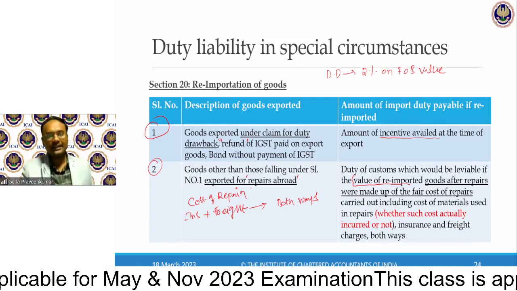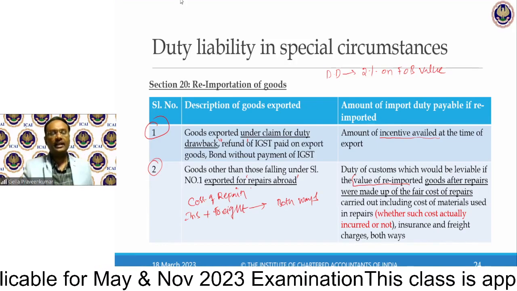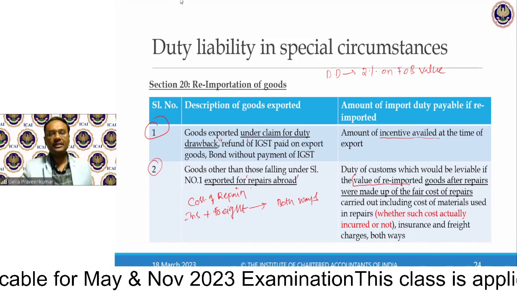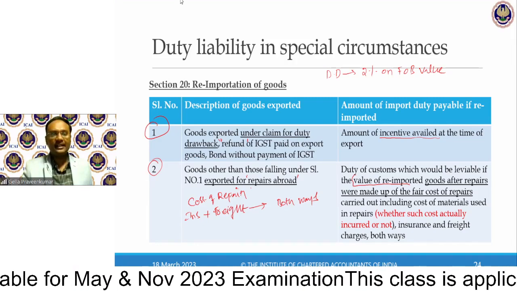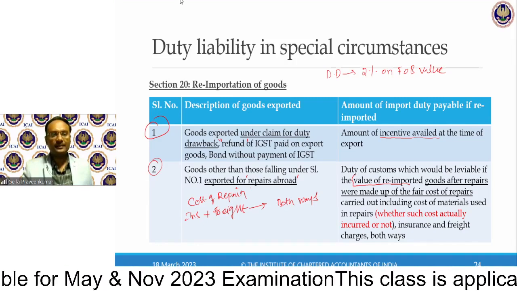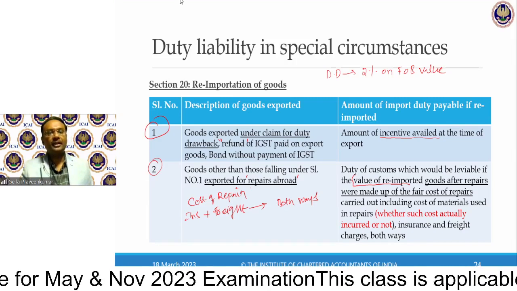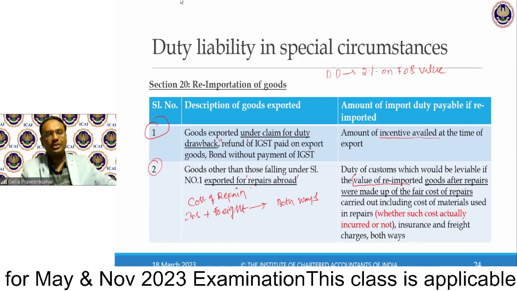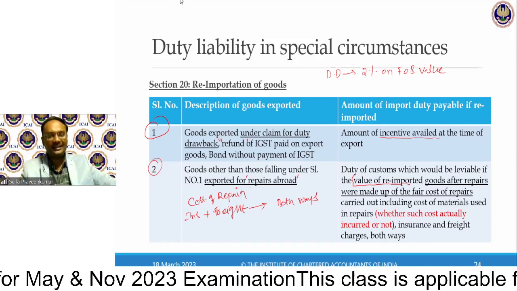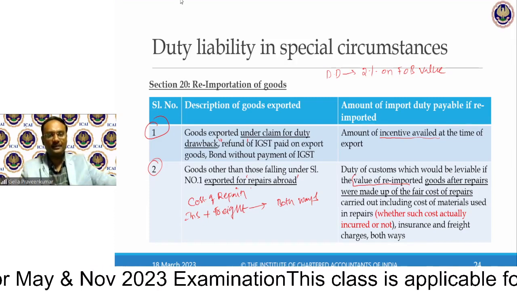Are both the points clear? I'll halt because there is an issue with the app. Let me see if there are any issues. Students, please let me know if you have this issue with the mobile app still or it is resolved.